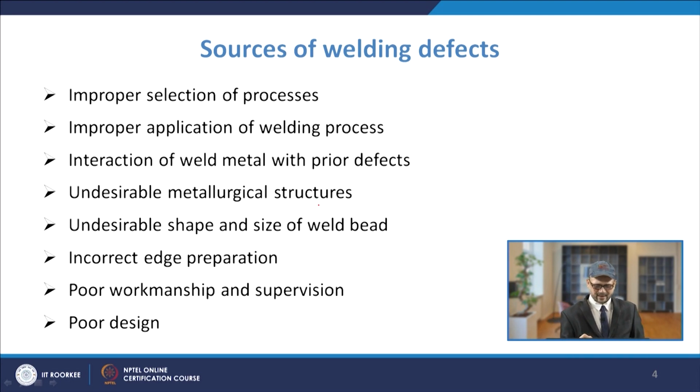Then you have undesirable metallurgical structures. That is related to grain size and hardness, because many times you have undesirable metallurgical structures with respect to grain sizes. Suppose you wanted a certain grain size, and the grain size is coarsened. In welding it is very likely, if you do not control properly, that your grain size will be coarsened, and that will have implications on the properties of the structure.